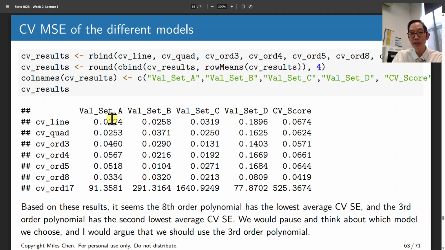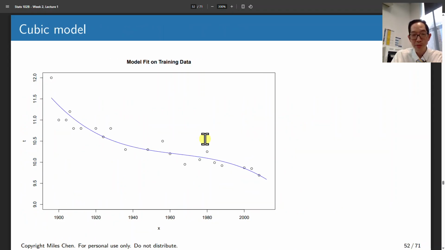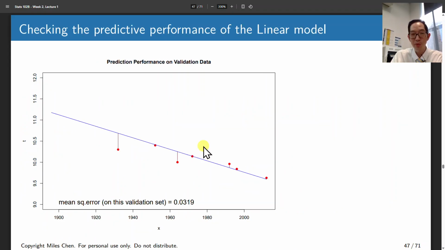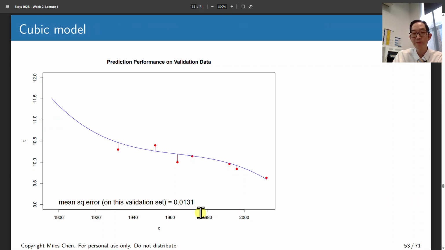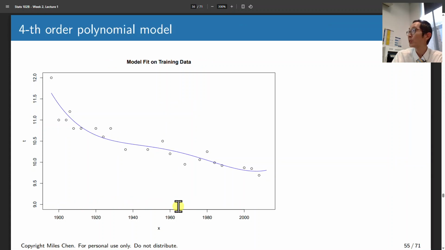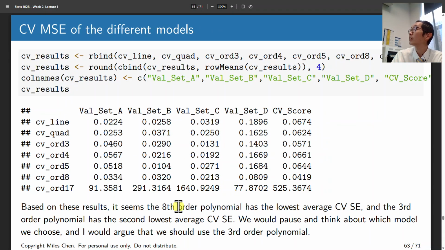If I did it for validation set A or B or D, these are some of the different values that we get, okay? And so you can see these are the numbers that I had for validation set C. I had 0.0319, which was this one, and then for the quadratic, 0.025, and the cubic, 0.0131, and 0.0192, okay?